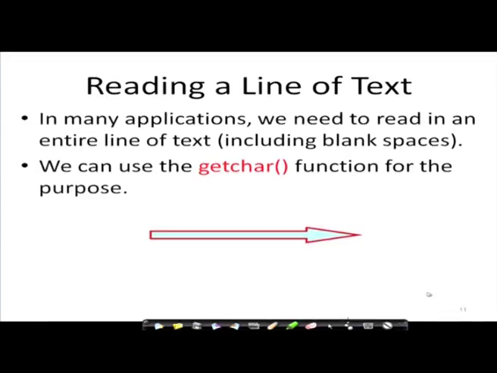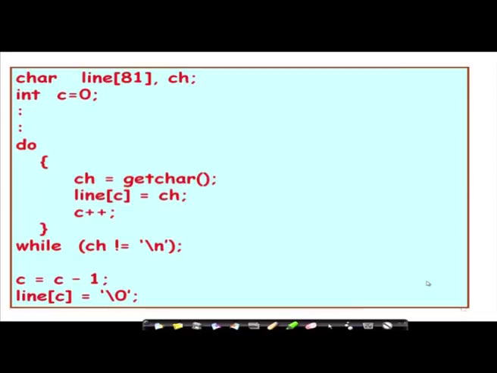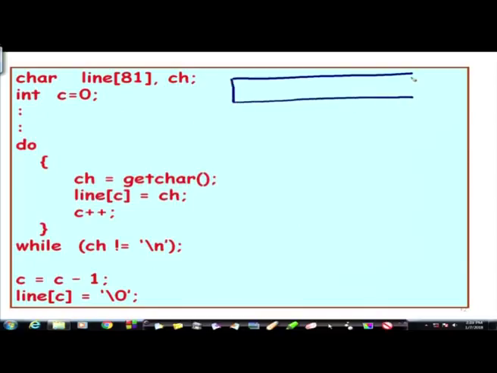So, for example, here a line has been defined to be of maximum length 81. Typically, as I said, a line consists of 80 characters, and you must be realizing now why I put 81. The reason is here I need a space for \0. Okay. And I put c to be 0.